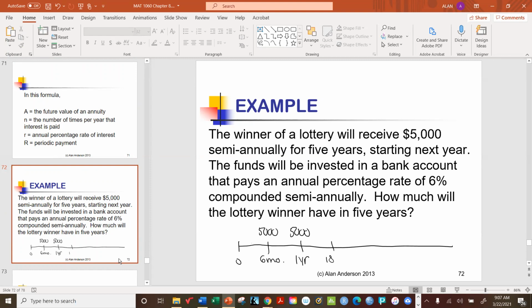In 18 months, $5,000. 2 years, $5,000. And this will carry on until we get to year 10, in which case we get another $5,000. So how much are they actually paying us? There's 10 payments of $5,000 each.